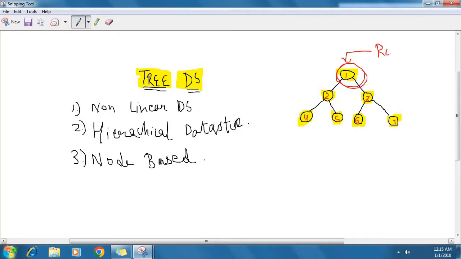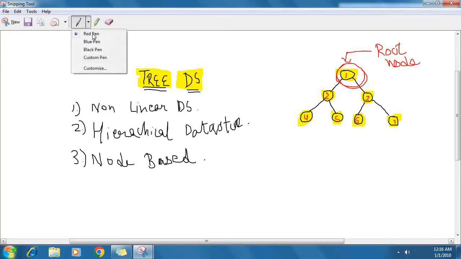So the node on the topmost of the tree is known as a root node. This root node is basically related to the original tree root, which is at the bottom. If we invert that tree, the topmost node is known as the root node, which is on the top of the tree. Clear.